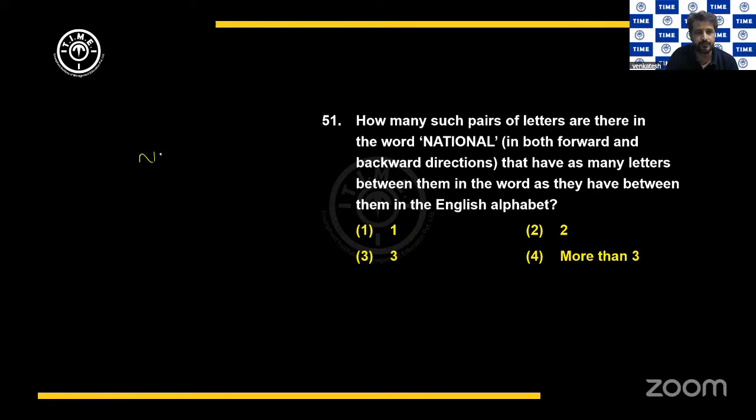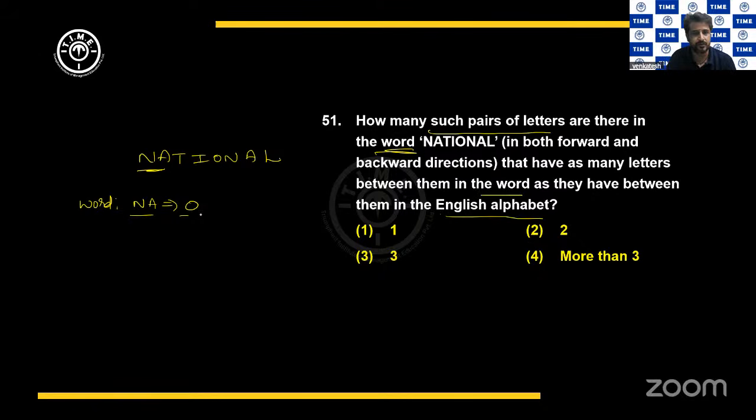Now let me explain the first meaning of the question. The given word is national. How many pairs of letters are there in the word? Now let us come into the word. I am taking the NA. Between N and A in the word, 0 letters are there. That have as many letters between them in the word as they have between them in the English alphabet.